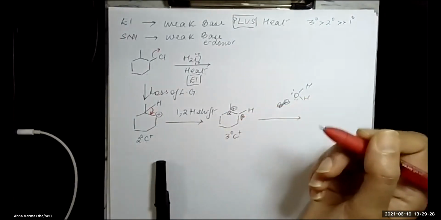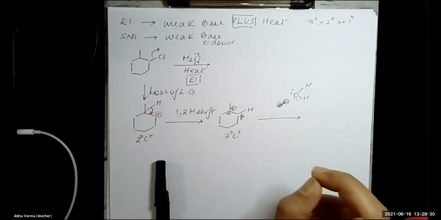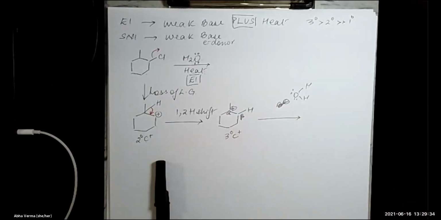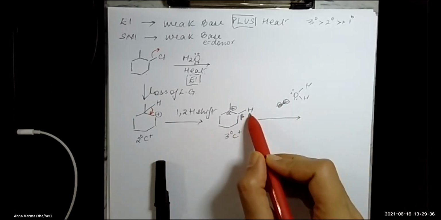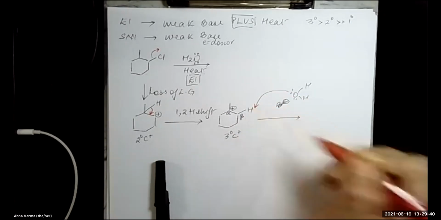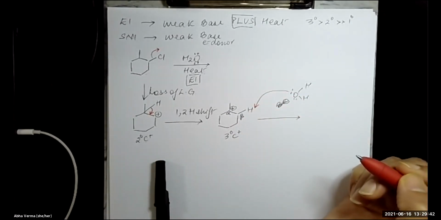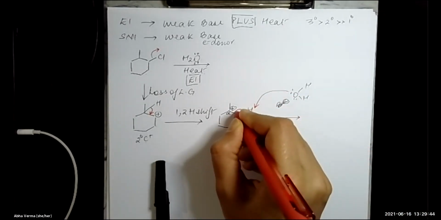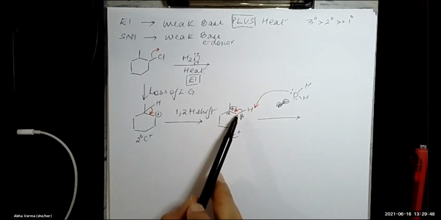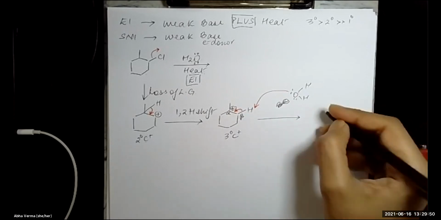It does not matter if it is an anti hydrogen or a syn hydrogen, it does not matter at all as long as there is a hydrogen. So the base abstracts the hydrogen, the hydrogen carbon bond breaks and the double bond will form.